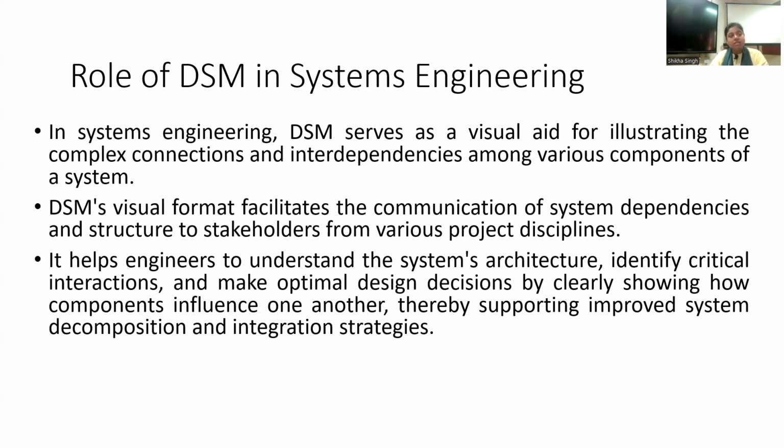Optimal design decisions, as I already explained, to minimize this rework, right? So when you are doing rework, what is happening? Extra efforts, extra time, extra resources, right? Resources include the human efforts, and the raw material, and the other resources, electricity, and the machines, and many other things may be there, right?